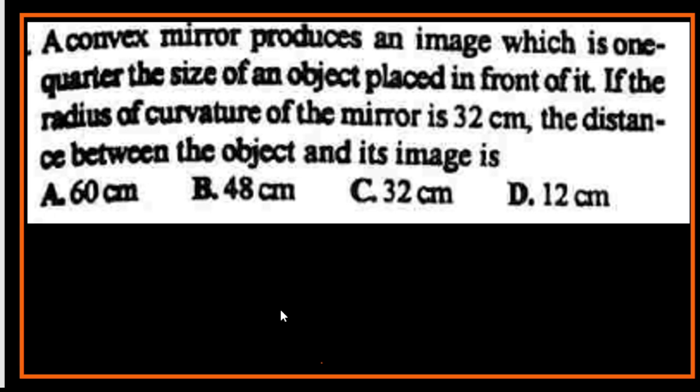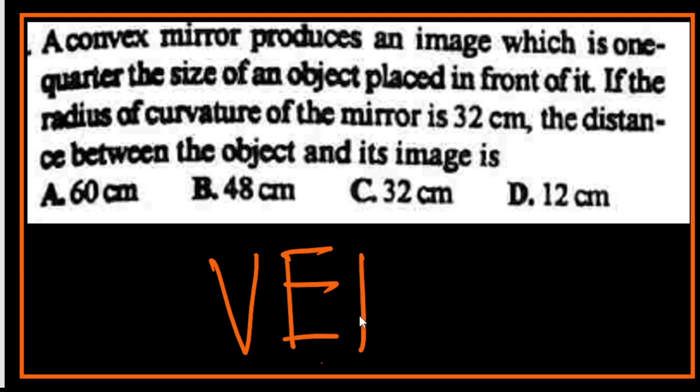And I'm not giving you the ray diagrams for convex mirror. For convex mirror, the nature of the image is always something that is summarized in the acronym VED, virtual, erect, and diminished, irrespective of the position of the object.